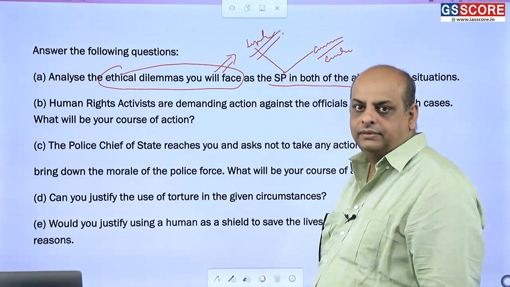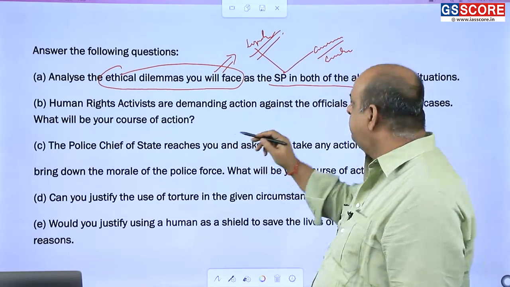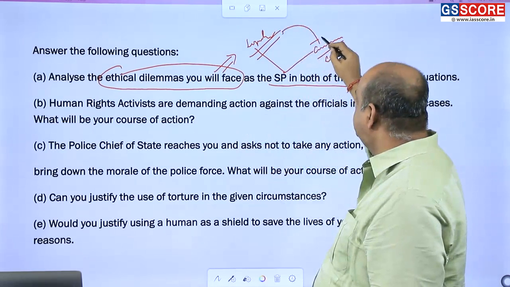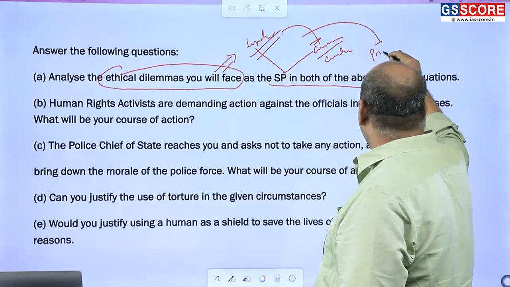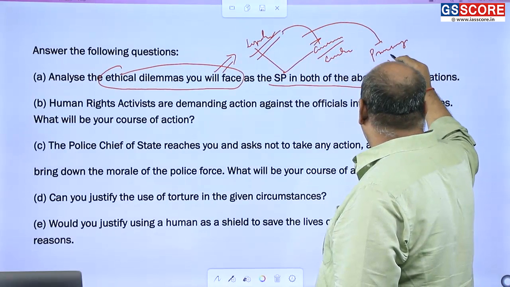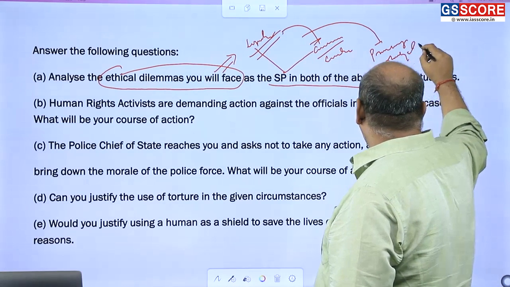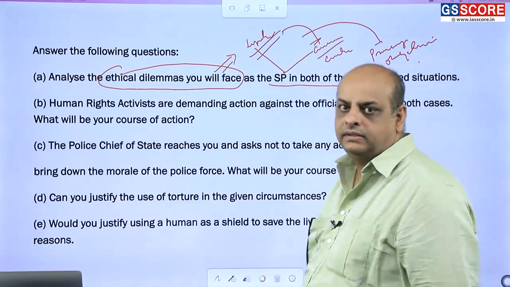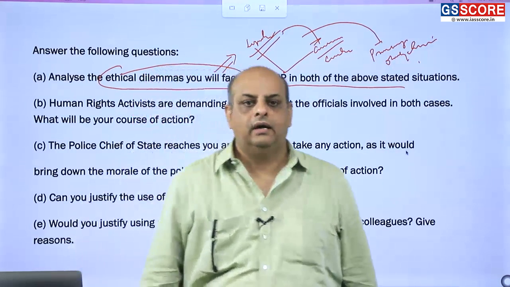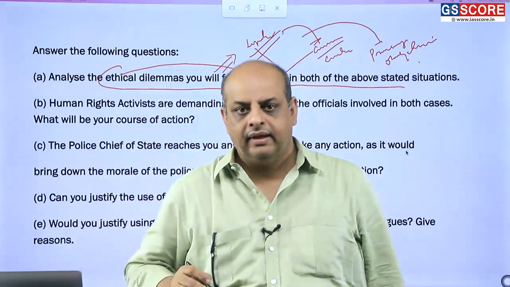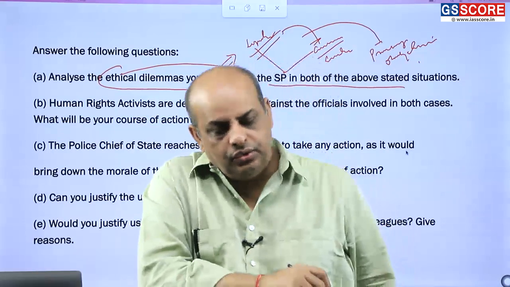So what happens is that you will have to capture first, and then you have to go for the primary obligations. This is how you settle the ethical dilemma, and this is how you should write.